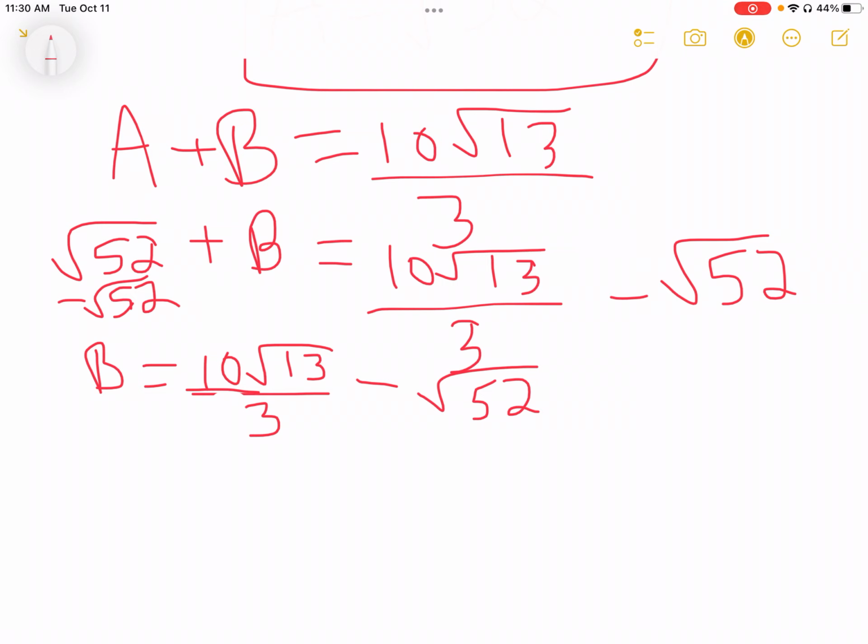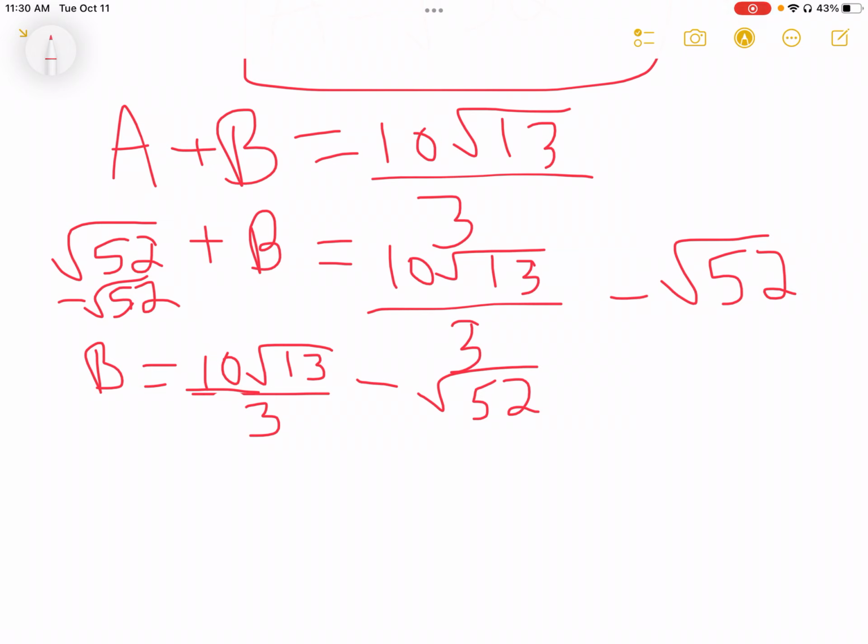Okay, so now what can I do here, right? I actually like to add these together. So we'll get more experience with this as we go along, but you might notice that 13 and 52 have something in common. What is that? Well, 13 will go into 52, okay?